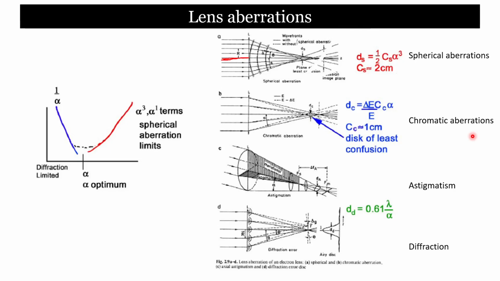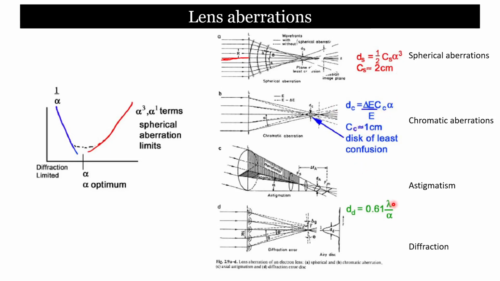As a result, the image will have colored fringes around the exact image. That is given by dc equals delta E by E times Cc, the chromatic aberration term, into alpha. So this is also directly related to alpha.